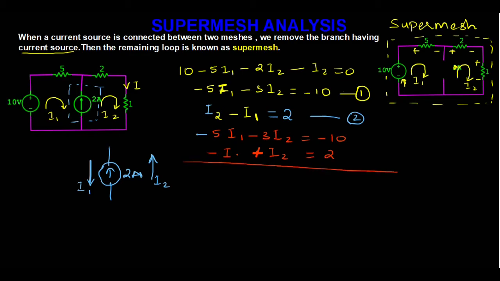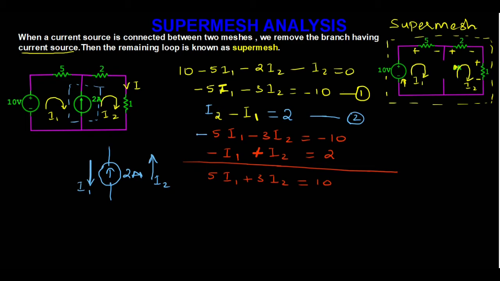Now we have to cross multiply, then only we can simplify these equations. I will multiply the first equation by minus 1, giving 5I1 plus 3I2 equals 10.